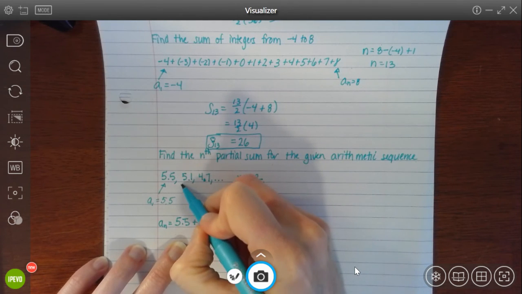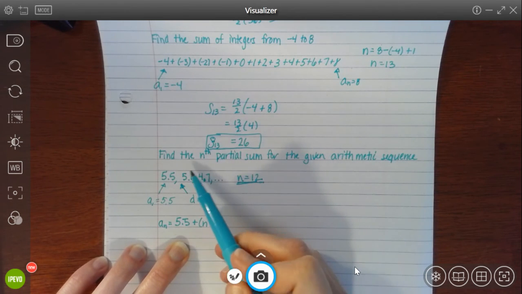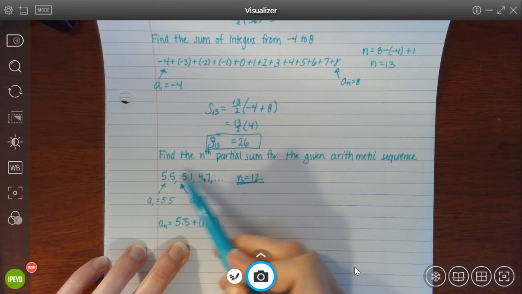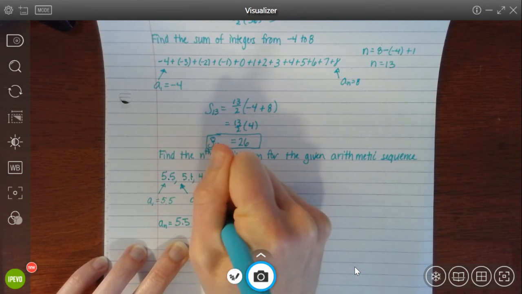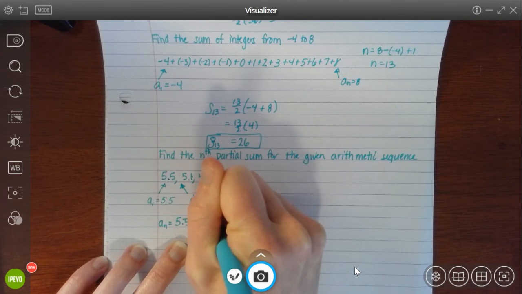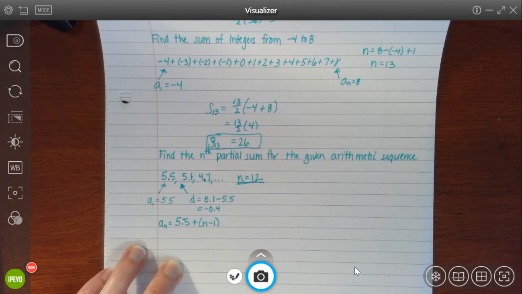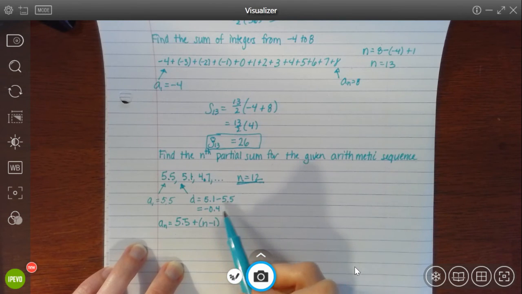So to find our common difference, all we have to do is figure out how is our pattern changing. You can find out by taking the difference of two consecutive terms. So for this one, I'm going to take my second term minus my first term. So I'm going to do 5.1 minus 5.5 and find out my common difference was negative 0.4. And I can see that makes sense. My pattern's going down by 0.4 every time, so that's why my difference is a negative 0.4.